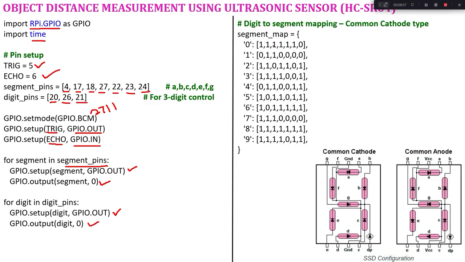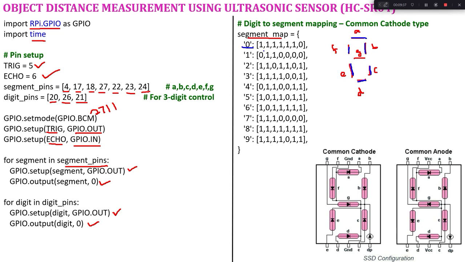Then we create an array segment map for representing each digit. So we have digits 0 to 9. In order to get 0 in a 7-segment module, here when I take the 7 segments A, B, C, D, E, F, G, what we require is A, B, C, D, E and F to have a 0.